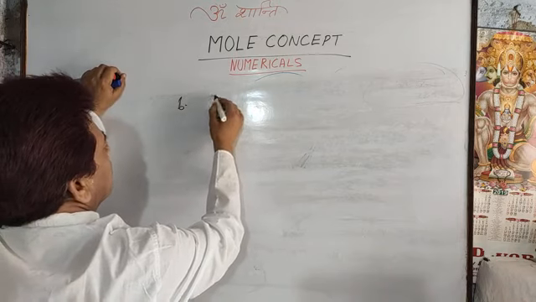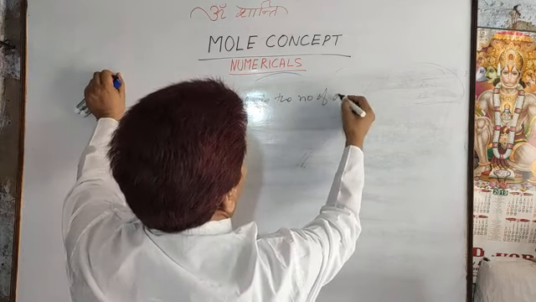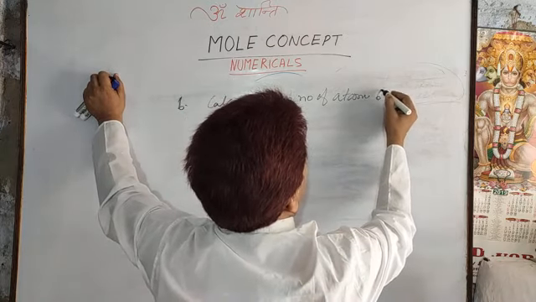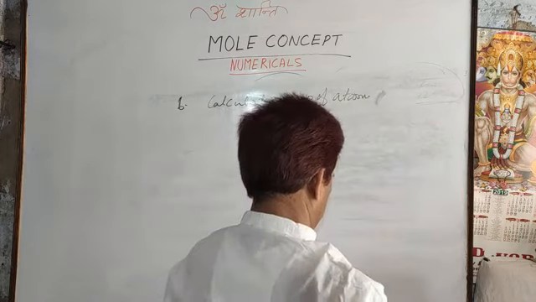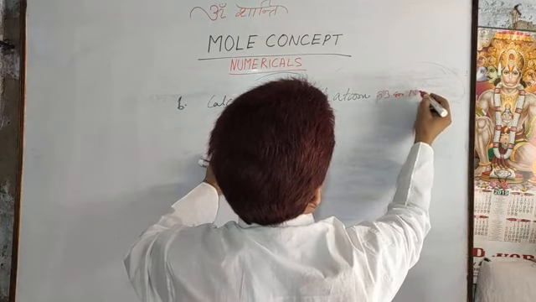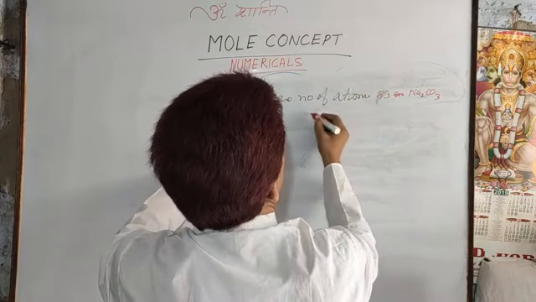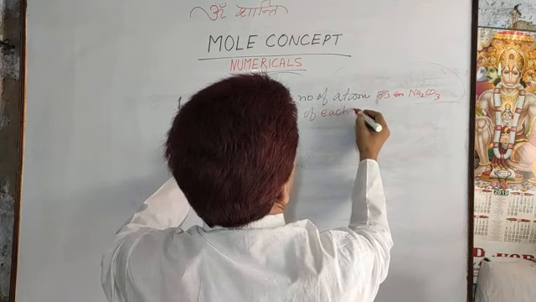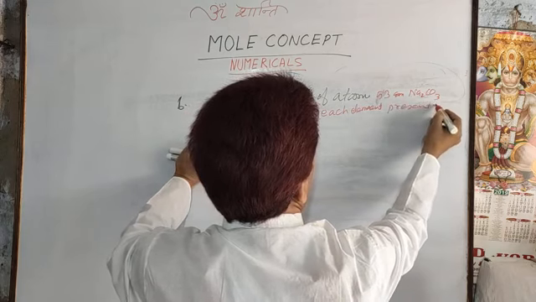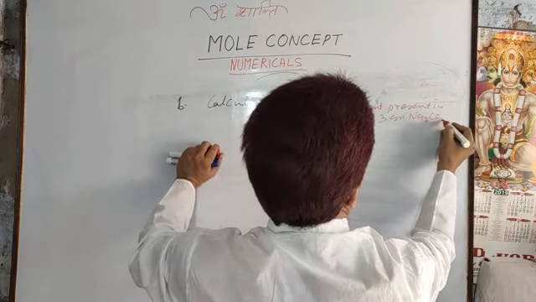Now you write: calculate the number of atoms of each element present in 53 gram sodium carbonate. This one is a numerical.